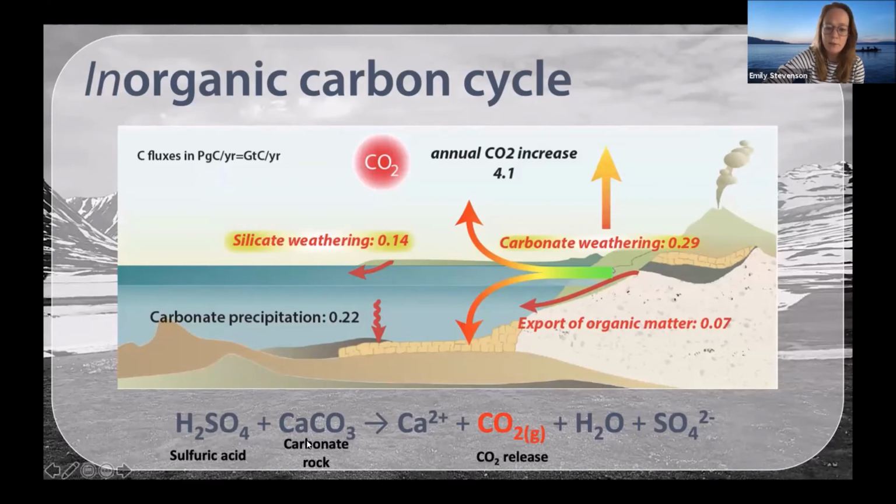These carbonate rocks can dissolve, and they directly release CO2 into the atmosphere. So in the Arctic, if we have sulfide minerals, we have the ability to produce sulfuric acid. If we have carbonate rocks present, they may dissolve, and this could directly release CO2 to the atmosphere and counteract the long-term drawdown of CO2 by silicate weathering on the planet.